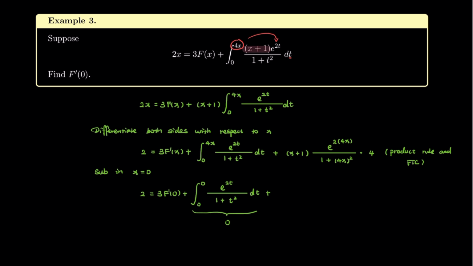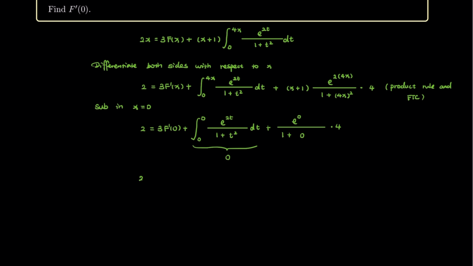Plus, 0 plus 1 is 1, so plus 1 times this fraction, which is e to the power of 0 over 1 plus 0, times the derivative. Simplifying even more, 2 equals 3F'(0) plus 0 plus e to the 0, which is 1, times the derivative. Now I can isolate F'(0) to find the final result. You can move this to the other side, and F'(0) is going to be negative 2 over 3. And that's my final result.